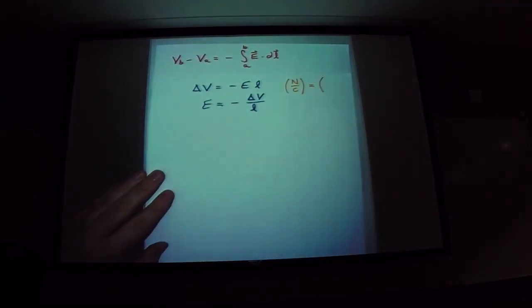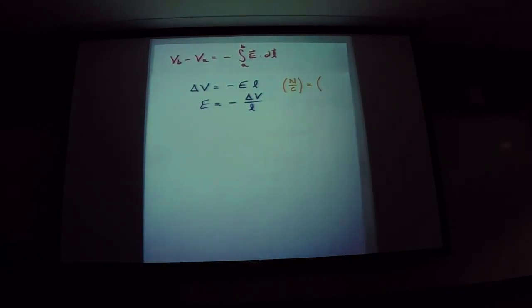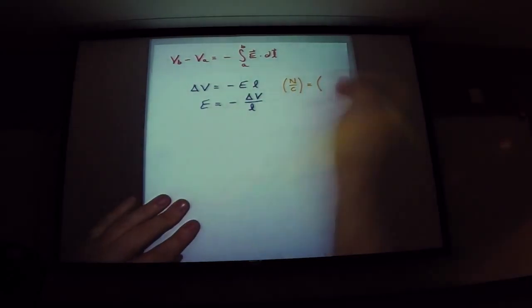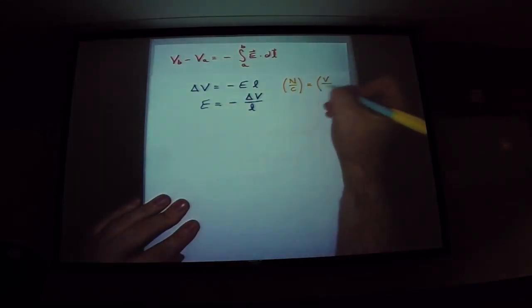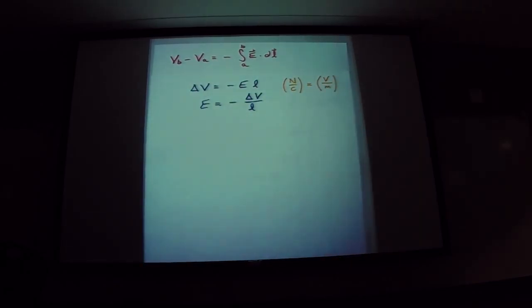It depends on the context which one you want to use. If I'm asked about forces, I probably want to use newtons per coulomb. But if I'm asked about voltages and energy, I probably want to use the volt per meter. They're the same thing. They're not in different sets of units, they're both equivalent units.